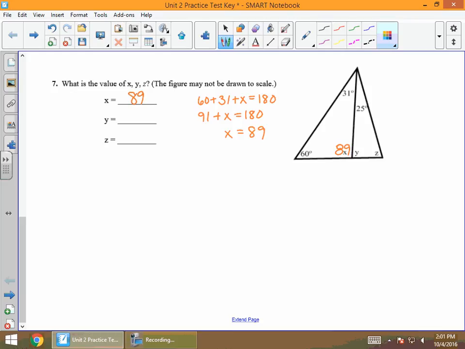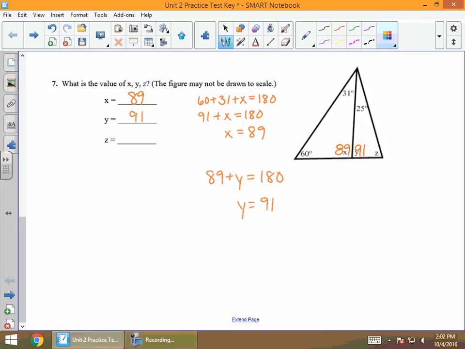I have 89 and y. That's a straight line. Has to add up to 180. So 89 plus y is a straight line. Has to add up to 180. Subtract 89 on both sides, and y is 91. This one over here is 91.